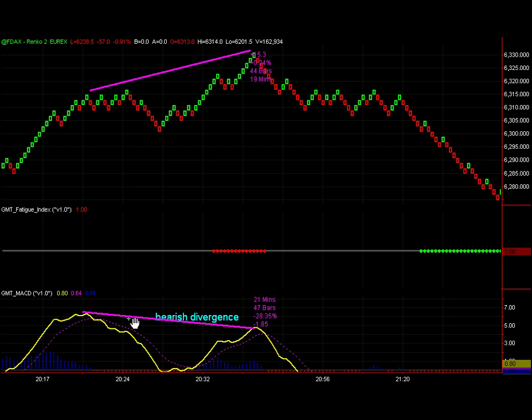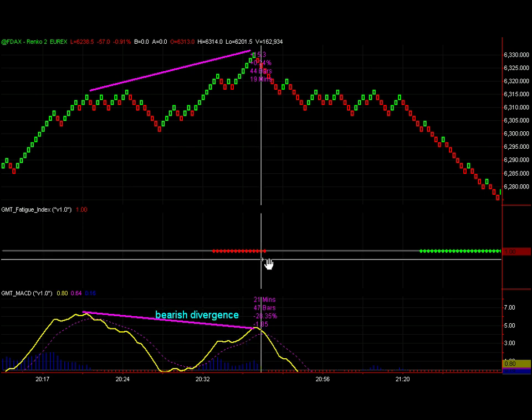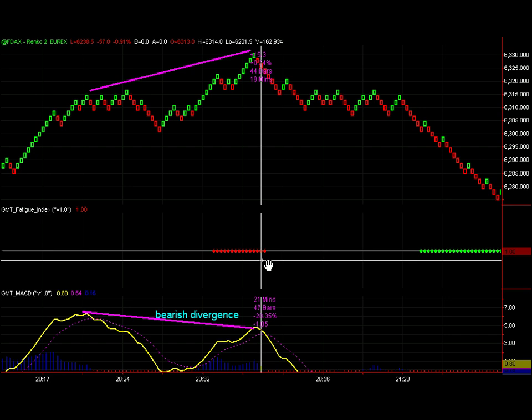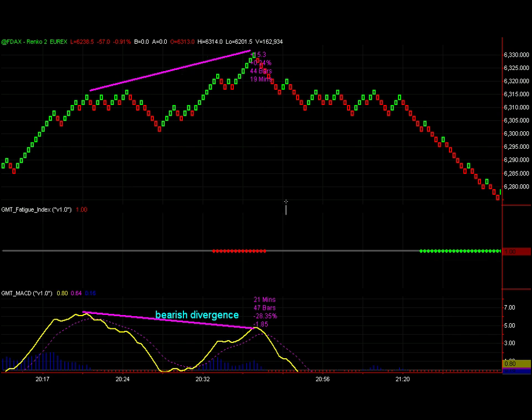We've established a bearish divergence, price is making a higher high, the MACD a lower high. We have triggered on our fatigue index, the market has triggered an overbought condition, so we'll mark that with a vertical bar.